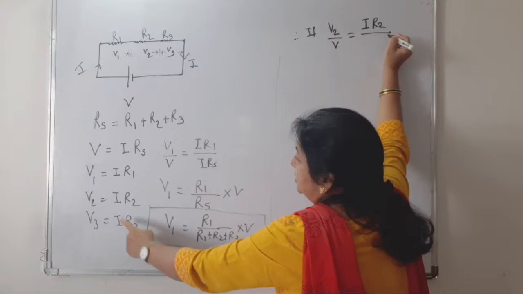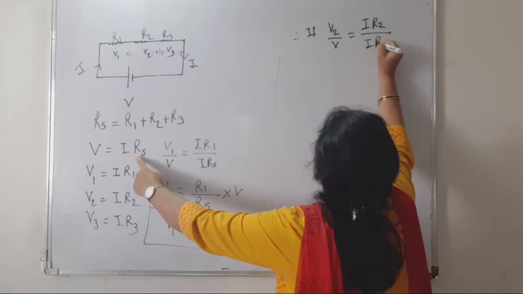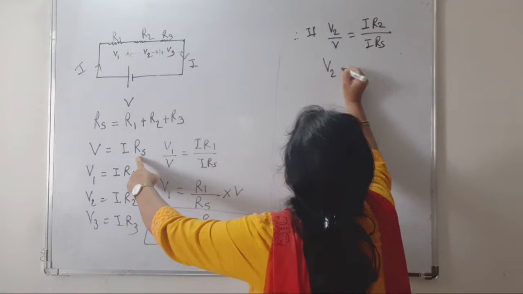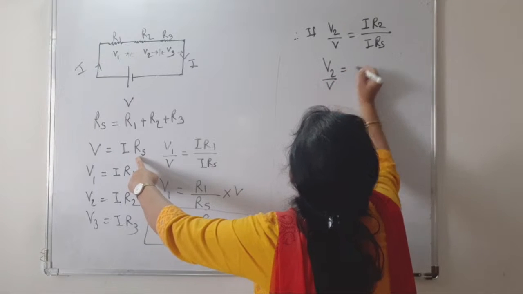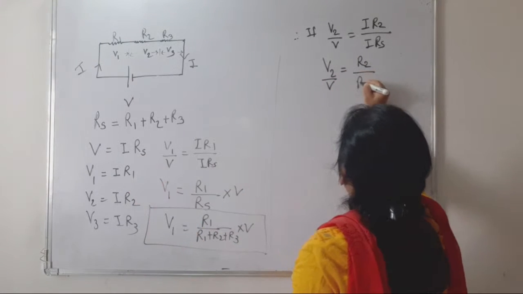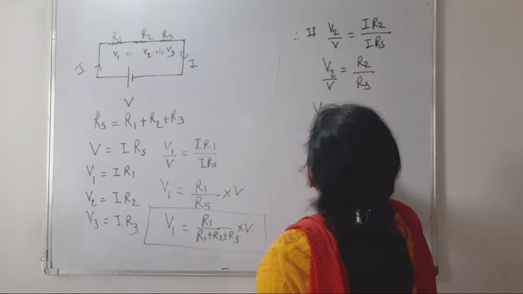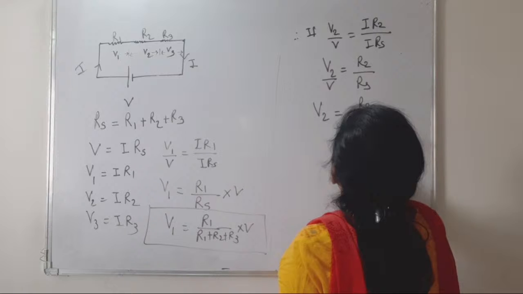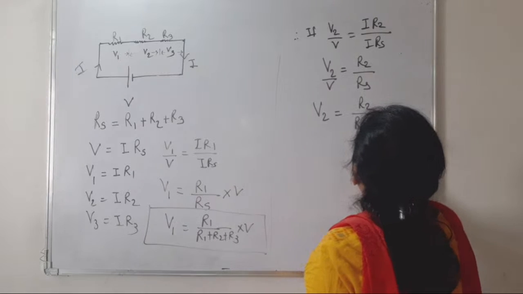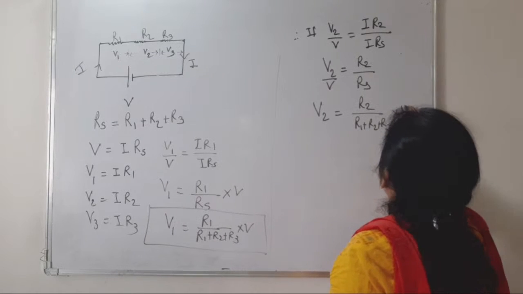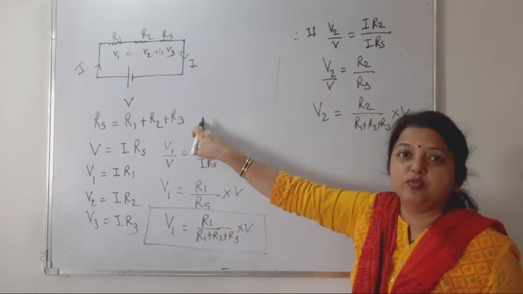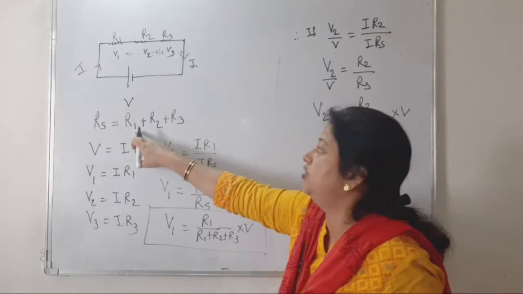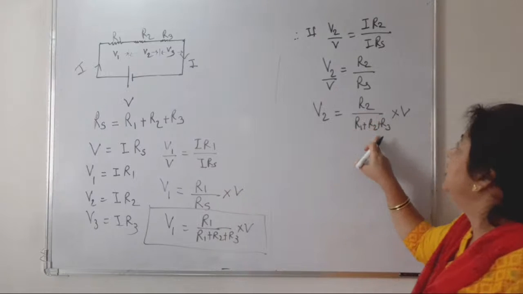R2 upon V is equal to what? I into RS. Therefore, V2 upon V is equal to R2 upon RS. Therefore, V2 is equal to R2 upon R1 plus R2 plus R3 into V. In place of RS, we insert this: RS is equal to R1 plus R2 plus R3 here.